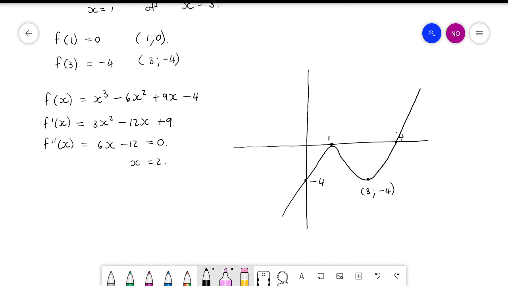Altyd wanneer jy besig is om 'n y-waarde van iets te kry, gaan stel jy dit terug in die oorspronklike vergelyking. So we substitute that back into this one. And that's minus 2.